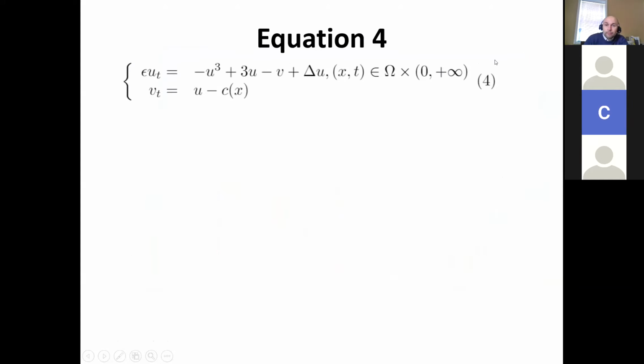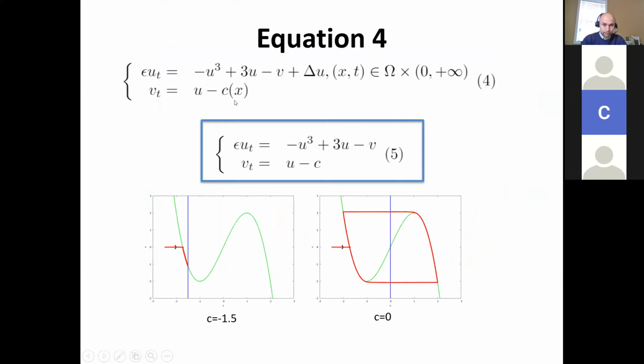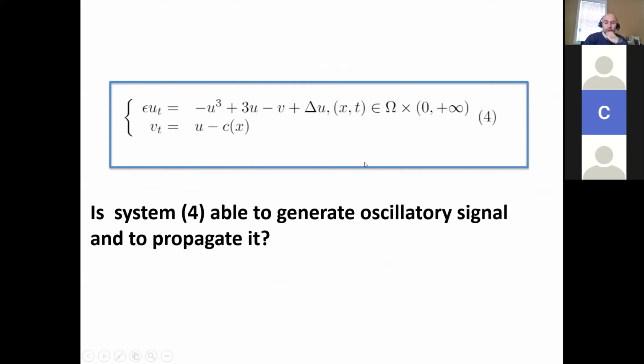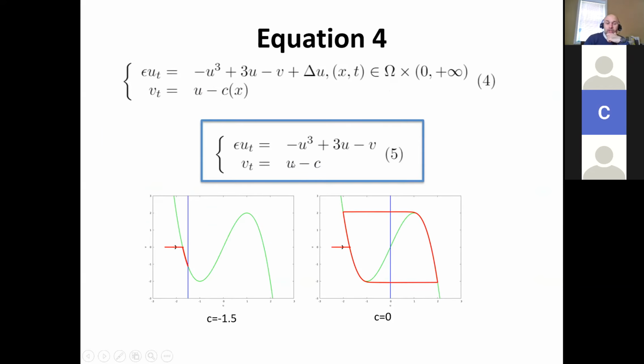Okay, now what's the difference between equation 3 and 4 is that now I have a dependence on X. You see? So if I consider the equation without the Laplacian here, depending on C, I have two possibilities.